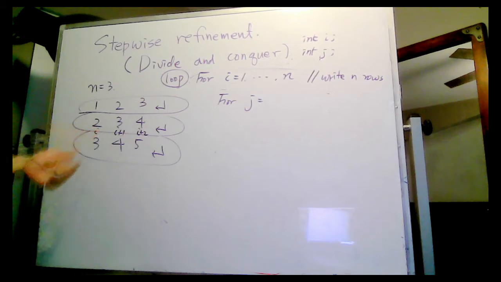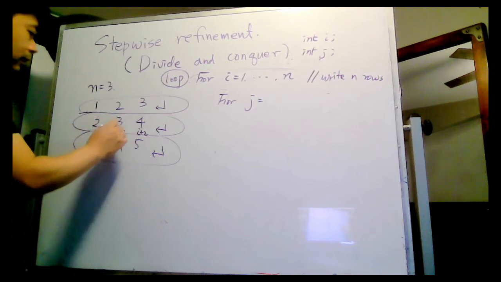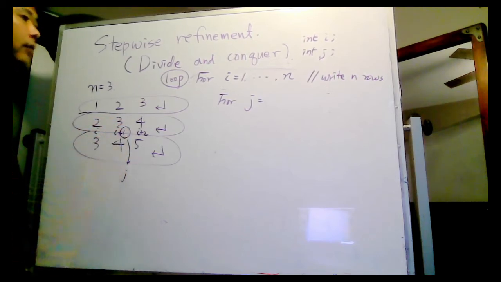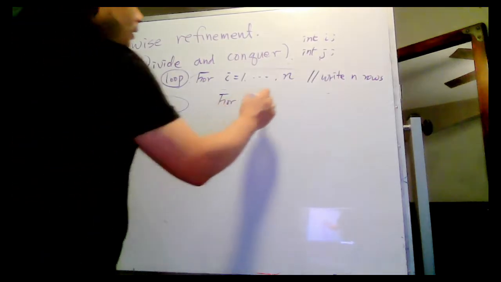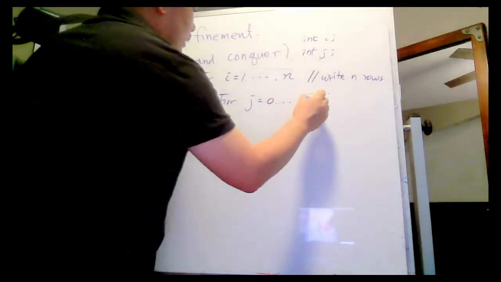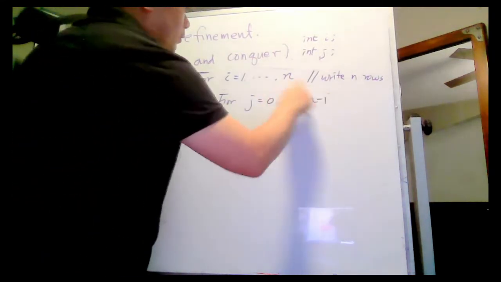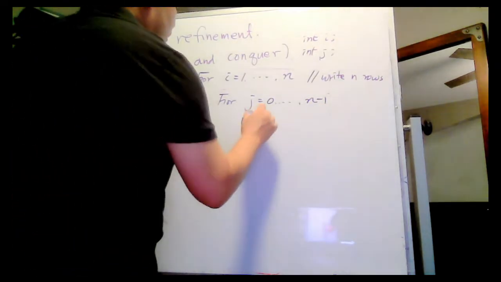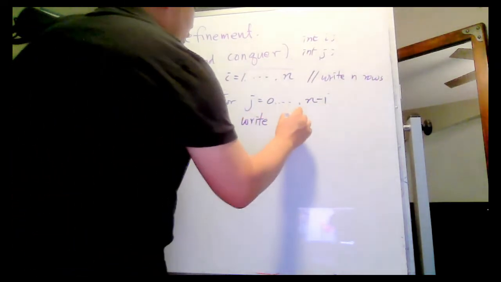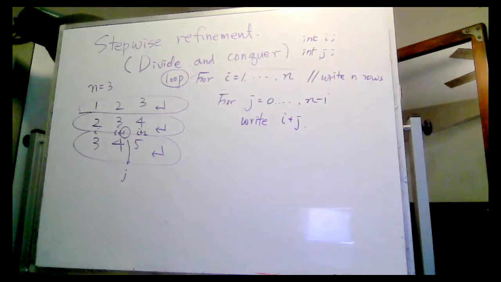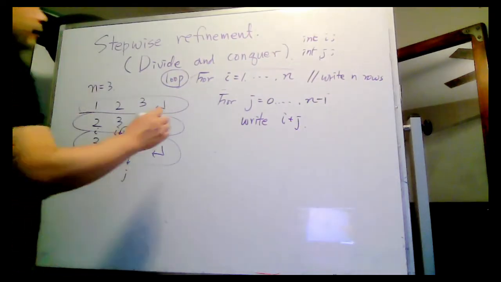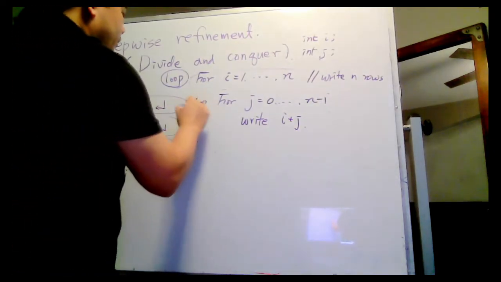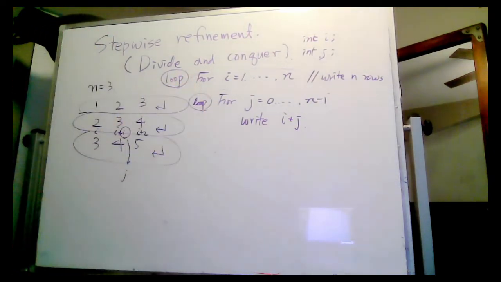What does that mean? Well, this thing should be j. So for j up to n minus 1, so that there are n things, write num i plus j. Okay. So that's basically what you need to do. Of course, there's a nested loop there.